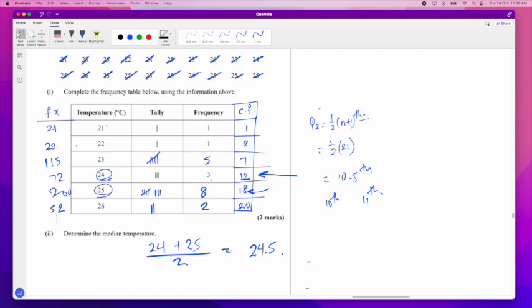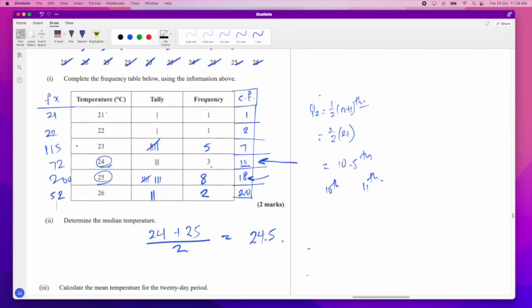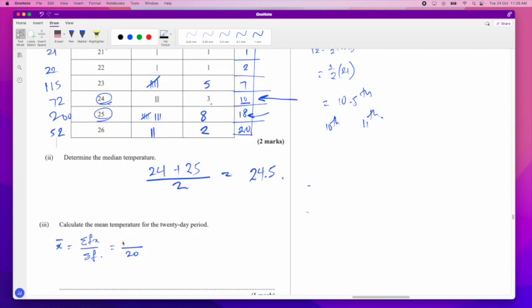So 21, 52 plus 200 plus 72 plus 115 plus 22 plus 21 is 482. 482 divided by 20 gives us 24.1.